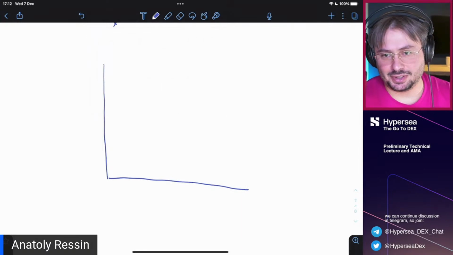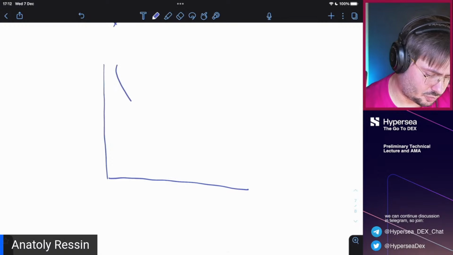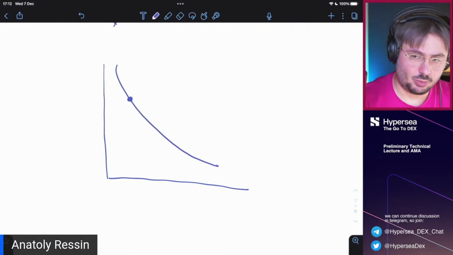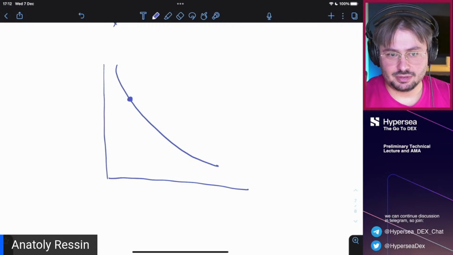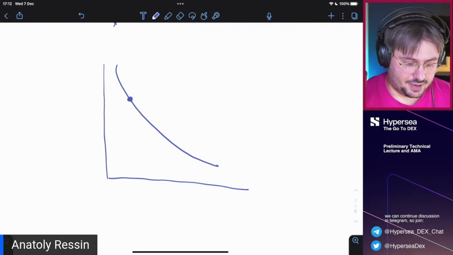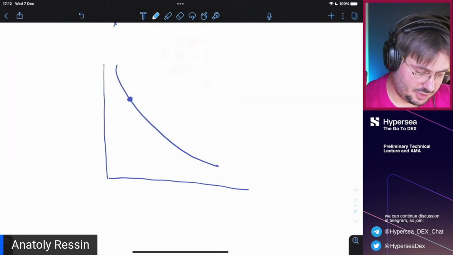When we have a curve, and we are, for example, somewhere here on a curve, there could be such a situation when somebody moved us to some other position.